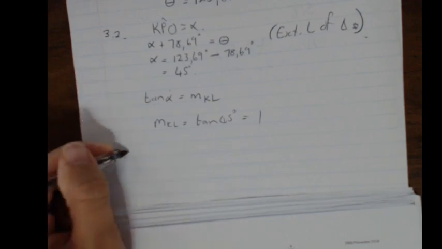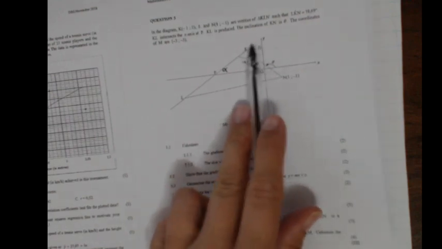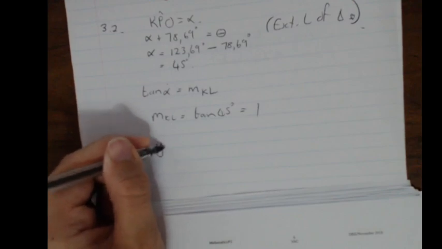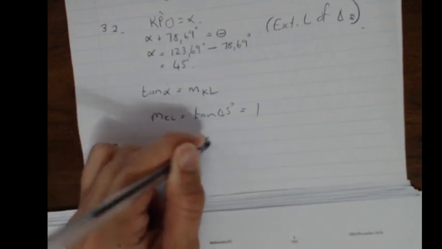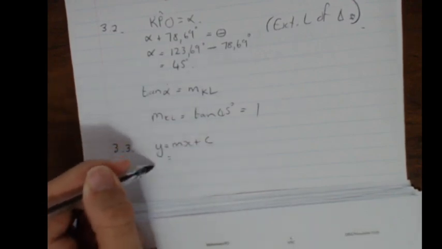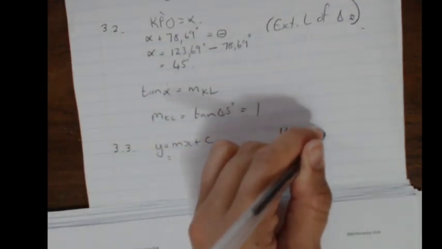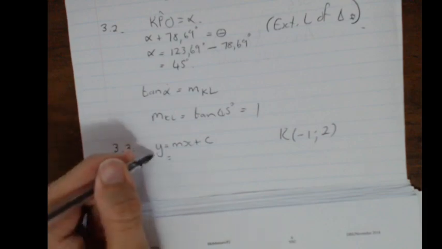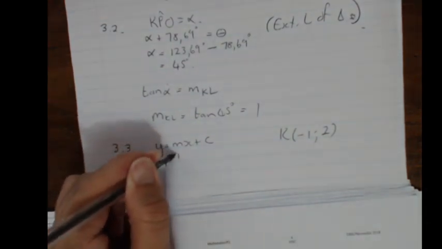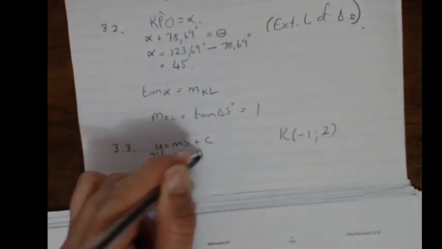Question 3.3 says determine the equation of the straight line KL in the form y equals mx plus c. I have the gradient is 1, and I have a point (-1, 2) that lies on the line. So y is equal to mx plus c: the y is 2, the gradient is 1, the x is -1, plus c.